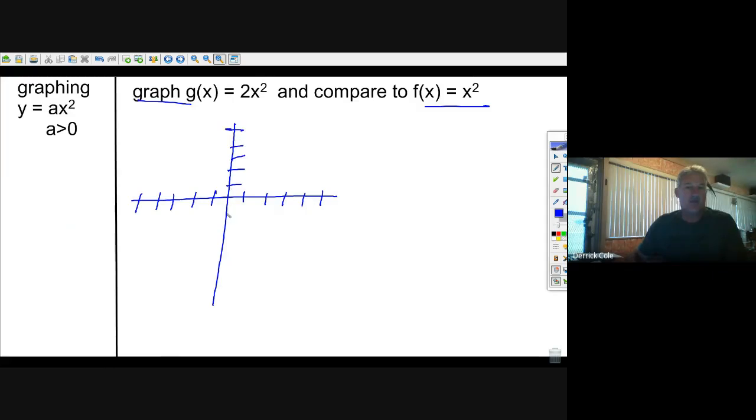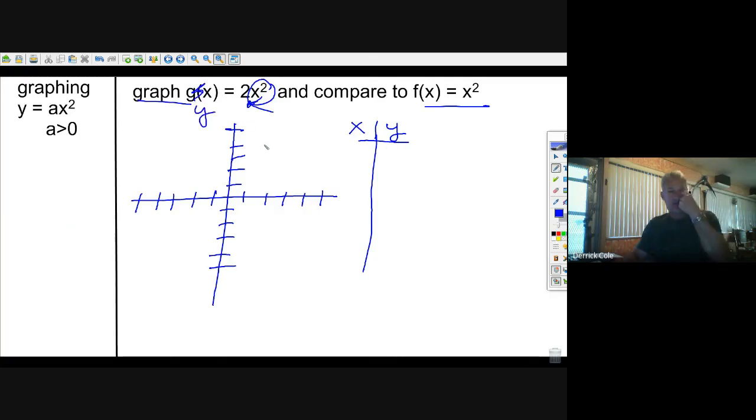Very basic. We've got to make a table. If x is here, y is here, we're going to plug x into this and solve for y, because this is the same thing as y. So g of x equals 2x squared.